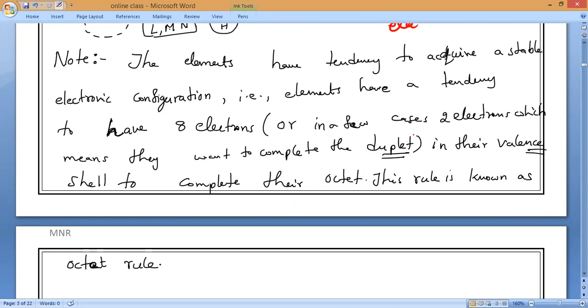Then which rule is it? Duplet rule. Remember, any atom having only one shell, that shell itself is the K shell, and having only 2 electrons, satisfies the duplet rule. If it is any shell other than the K shell, it must have how many electrons to become stable in nature?